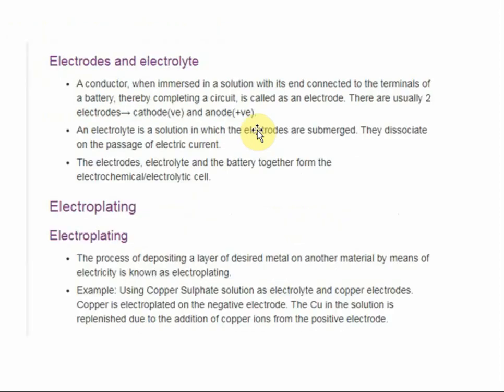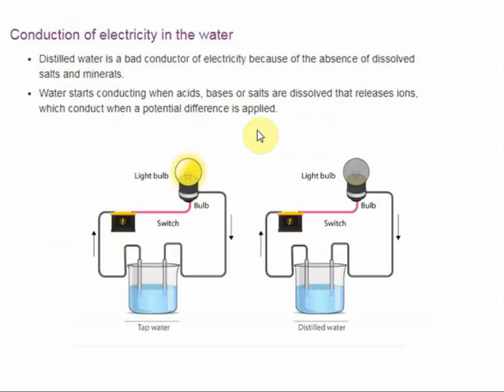Now, electrodes and electrolyte. A conductor, when immersed in a solution with an end of a terminal of a battery, thereby completing a circuit, is an electrode. So, as you can see in this figure, we have two rods dipped in the tap water and the distilled water.